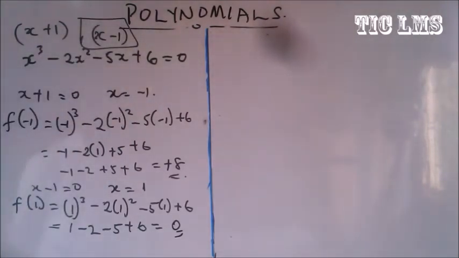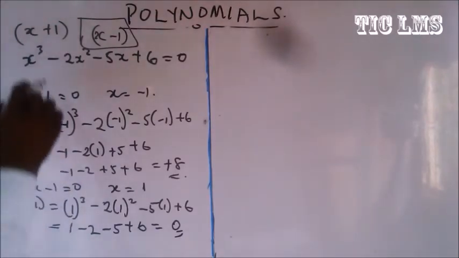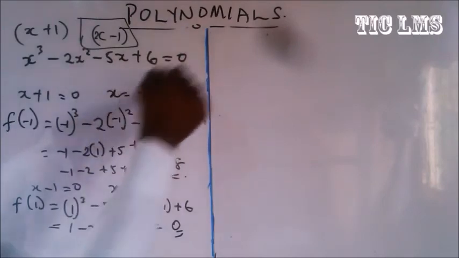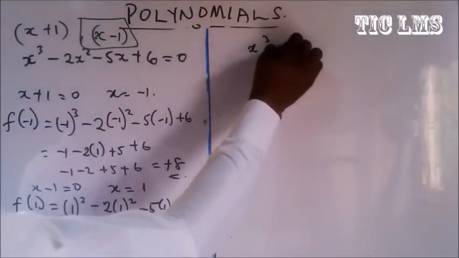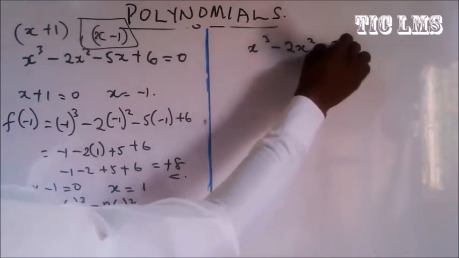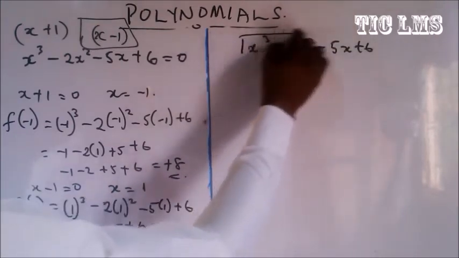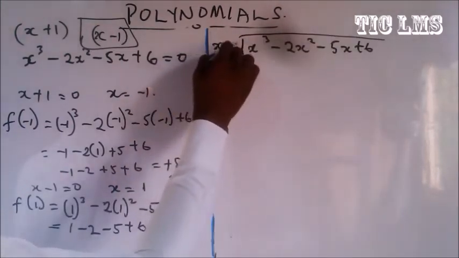Now after that, if we take 1x out of x raised to 3, we'll have x squared. And x squared can easily be solved by using factorization. The next thing we'll do is to divide this equation by x minus 1, having x raised to 3 minus 2x squared minus 5x plus 6, divided by x minus 1.